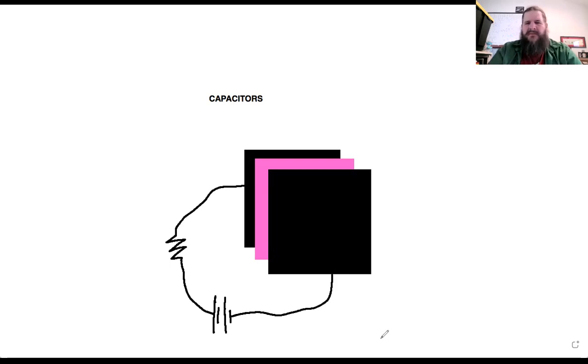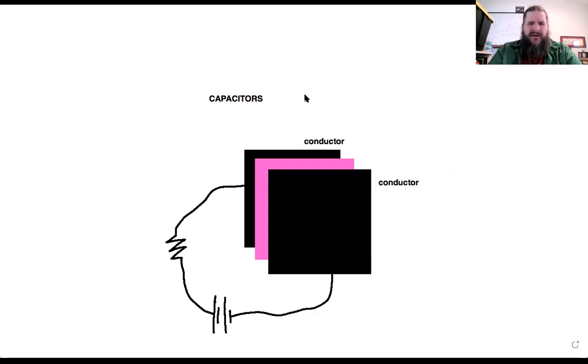Does that form a complete loop? Technically, no, right? Because there's this gap here.